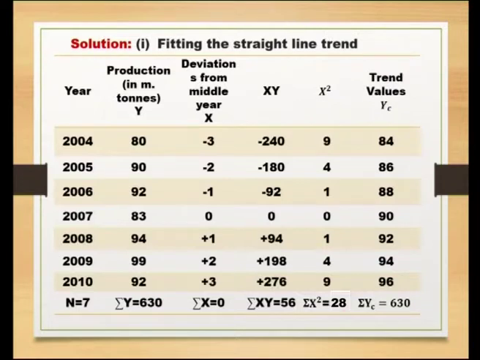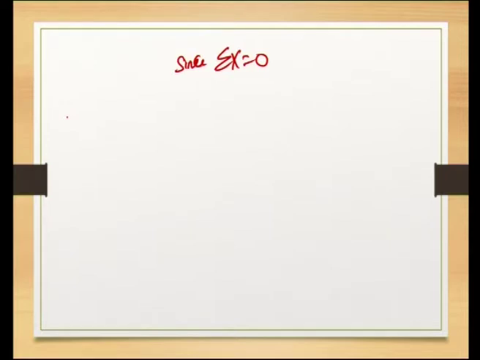Okay, how shall we calculate these trend values? First of all, for fitting the trend line, a and b have to be found out. Since here summation x is equal to 0, a is summation y by n, and b is summation xy by summation x square; these formulas of a and b are used only when summation x is equal to 0.